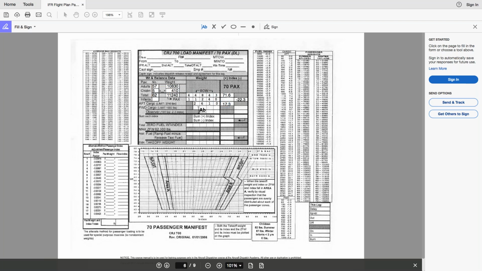Okay. No forward observer, no forward cargo. So we just take these numbers and bring them down to here. Actually, that's not going to get me where I want. All right. Okay, so 71.6 plus 17.3 equals 88.9.